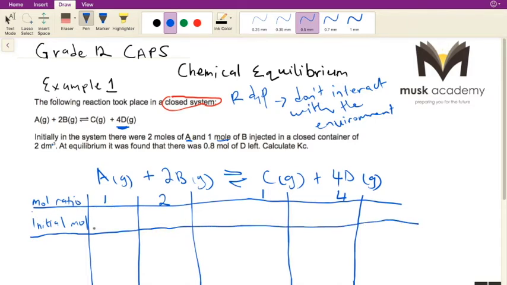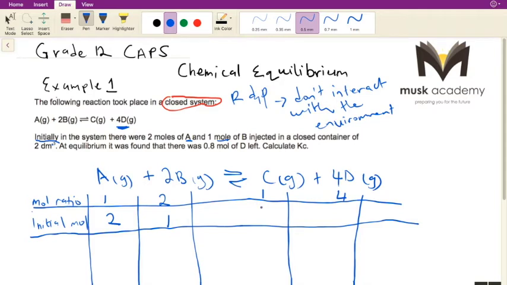So the initial mole, let's go back to our statement. Initially in the system there were 2 moles of A. We put 2 here because there were 2 moles of A and 1 mole of B in a closed container.